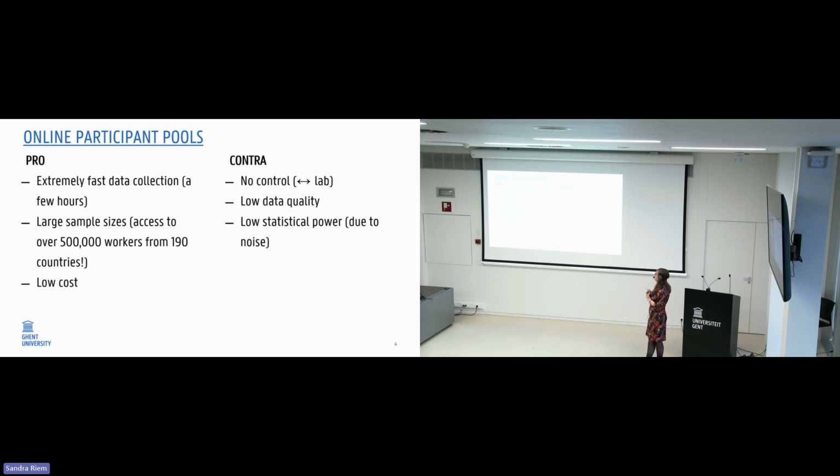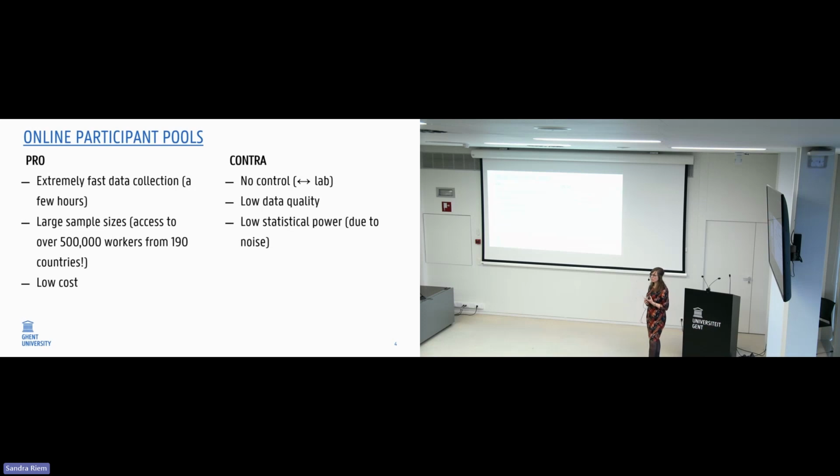To me, it was surprising how fast you collect data on the web. You put it online and in a few hours you have much more data than you collect in one week in the lab. So it goes extremely fast, really a couple of hours and you have your data. If you are under a time limit, online participant pools are the way to go, I think. You can also collect many observations, so you can have a large sample size, which is not always the case when you do a lab experiment.